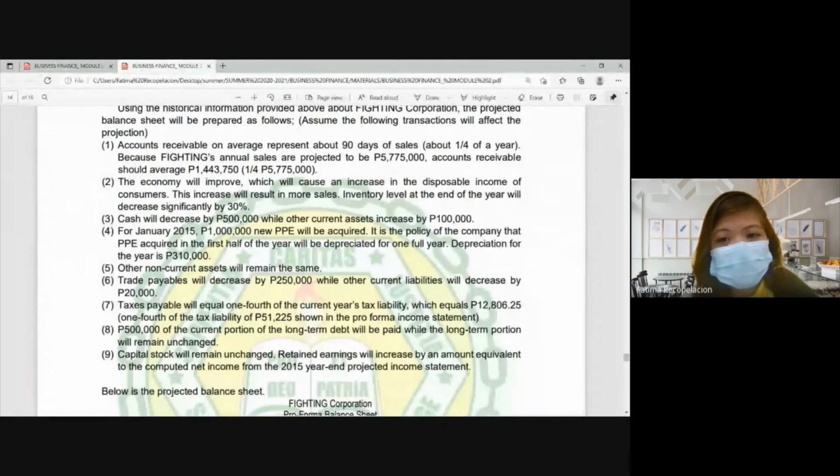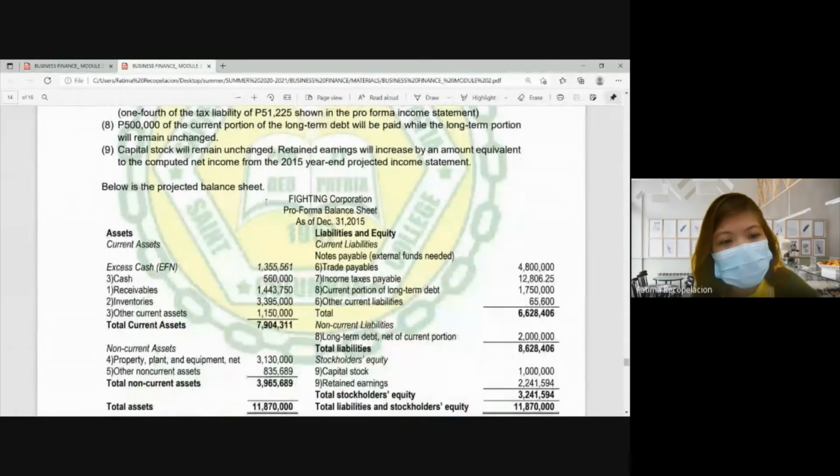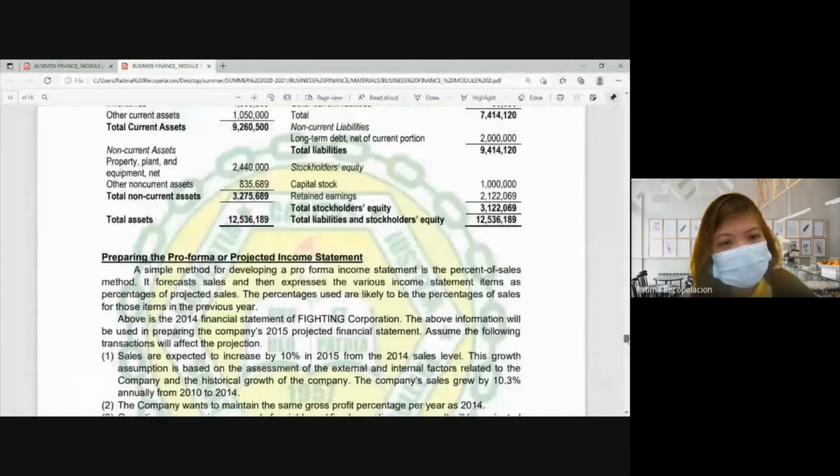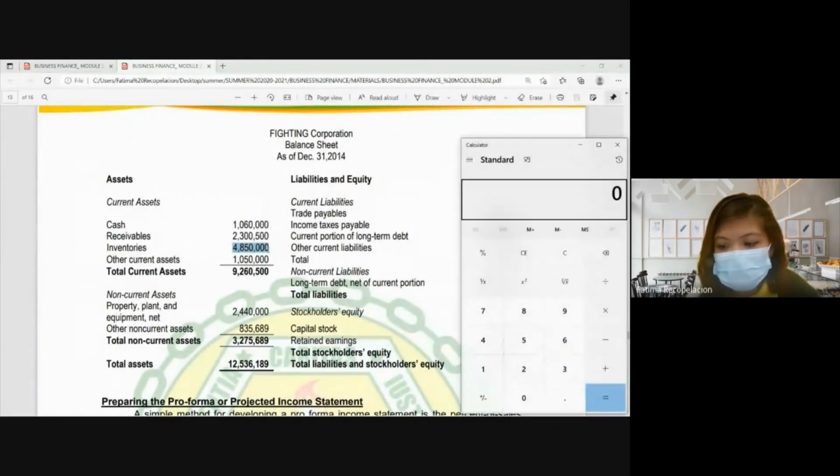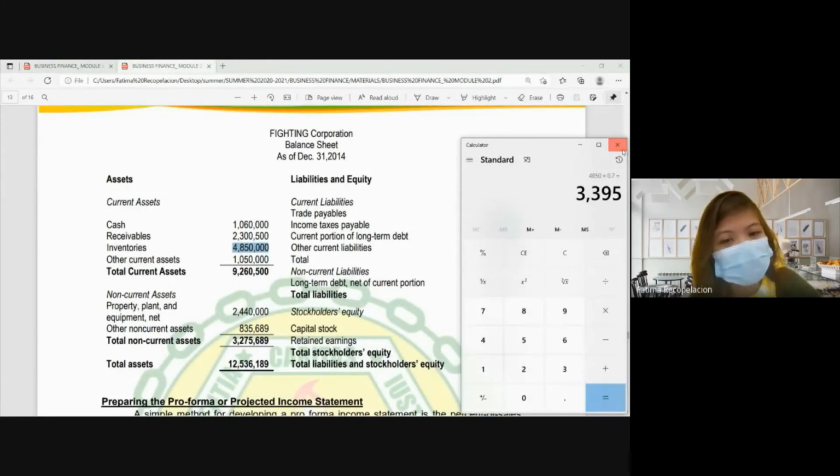Another assumption, the inventory level at the end of the year will decrease significantly by 30%. So, the inventory becomes 3,395,000 because of the decrease of 30%. What is the historical data about inventory? 4,850,000, minus 30%, so just multiply by 70%. So, 3,395,000.